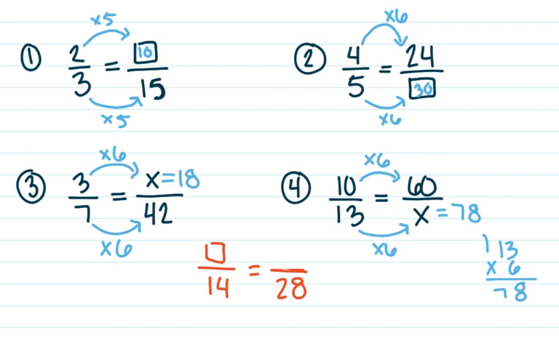There we go. And let's do 4 up here. So if I'm trying to work backwards, this is a bonus question right here for y'all. What do I do to 28 to make it a 14? We always move in the direction of our box. So our arrows always point in the direction of our missing number. I never work the other way. So what do I do to my 28 to get a 14?